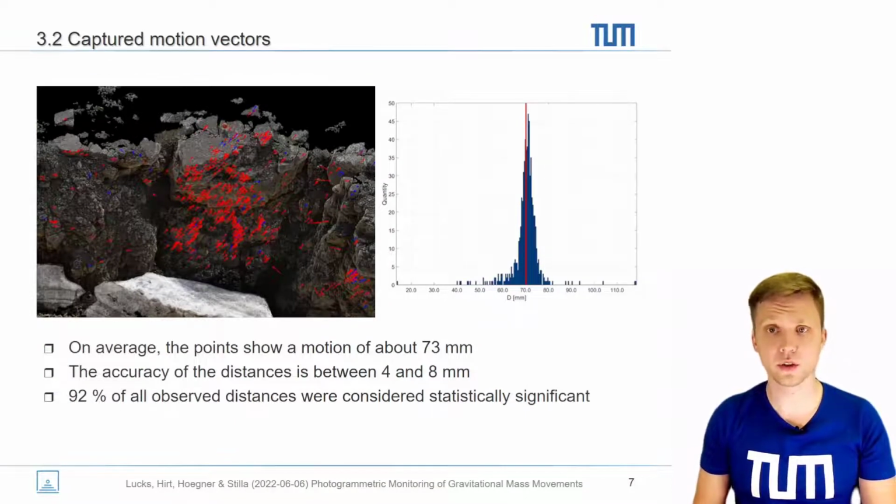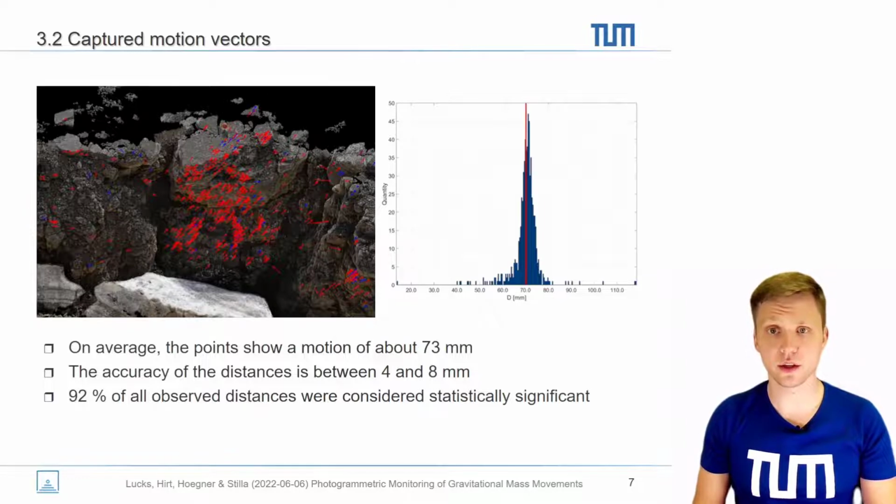Now we are coming to the estimated motion vectors from 2018 to 2021. On average, the points show a motion of about 73 millimeters in 3 years. When looking at the vectors, we can see that most of them have a constant length and point in the same direction.